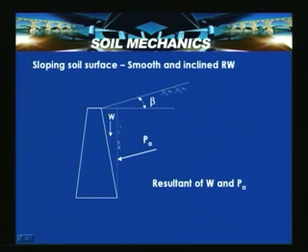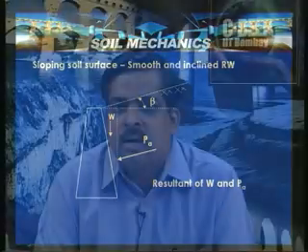Now this face is the frictionless interface, and with that you will be able to get the Pa. The resultant of W and Pa, which is somewhere here, is the resultant active thrust that needs to be considered in designing a wall having an inclined face and a smooth interface behind the wall.